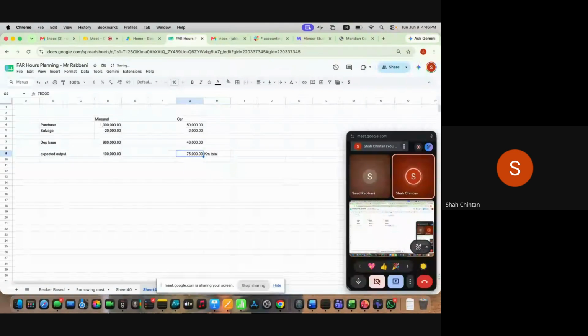This is the units to be produced. So what is my recovery rate? For every unit I produce, I am going to depreciate my asset with $9.80. For every kilometer I drive the car, I am going to depreciate $0.64.